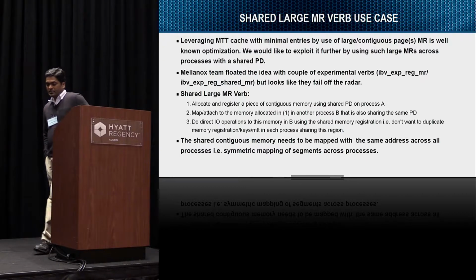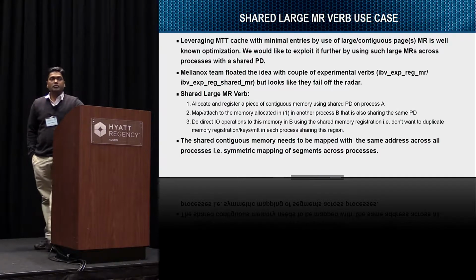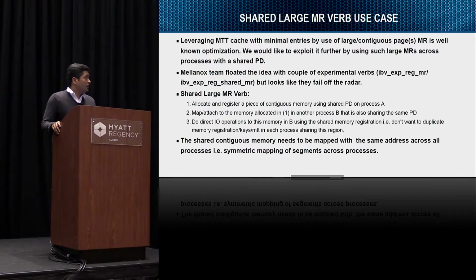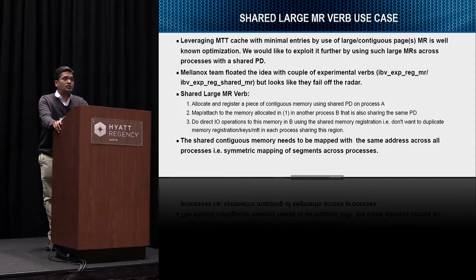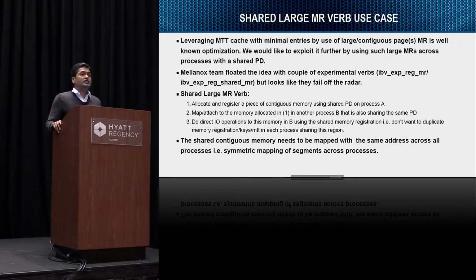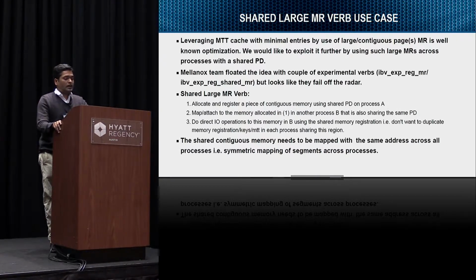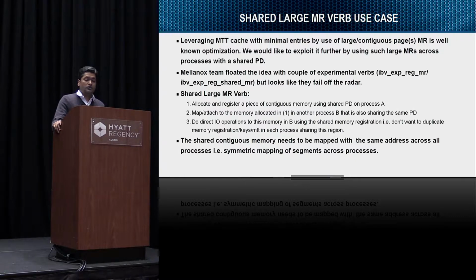I guess nobody had a problem with the API itself, but it was really the implementation, because memory management and the RDMA resource management are two separate subsystems, and nobody wanted to mix them together, which is understandable, but I guess the benefit is still there. So at least our idea behind this API was to basically allocate and register a contiguous memory using a shared PD, and then attach this allocated memory in one process to another process using shared PD, and then do a direct I/O.